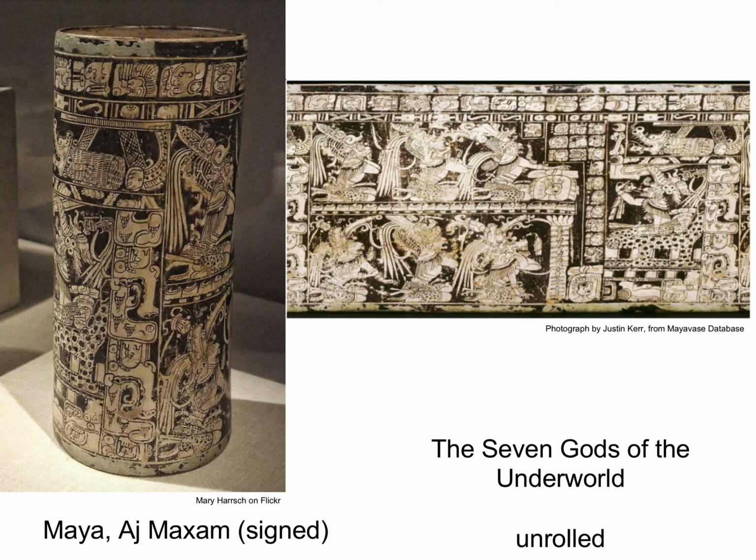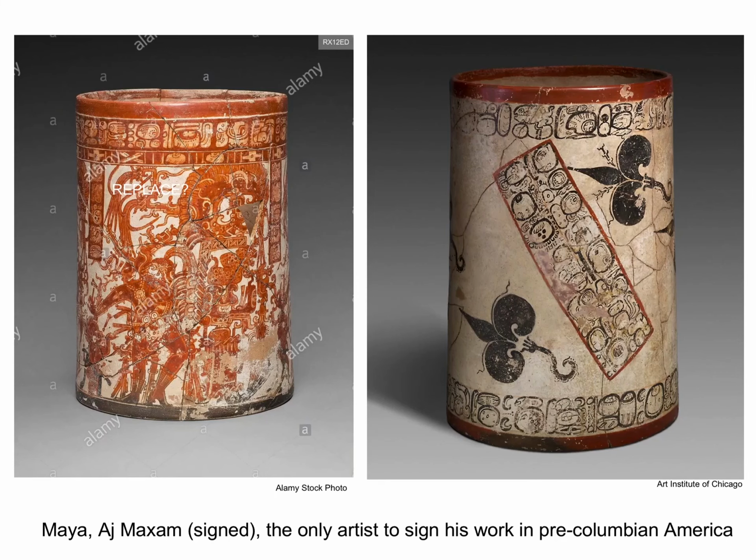And you can see it depicts the 7 gods of the underworld, and the image again being experienced on the objects in fragments, in sections, and progressively over time creates a narrative in time and space that is more convincing than when the image is unrolled photographically, as is seen on the right, where it becomes a confusing jumble of shapes and forms that are not as efficient.